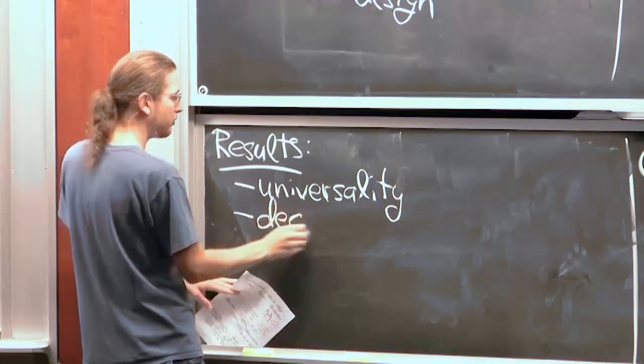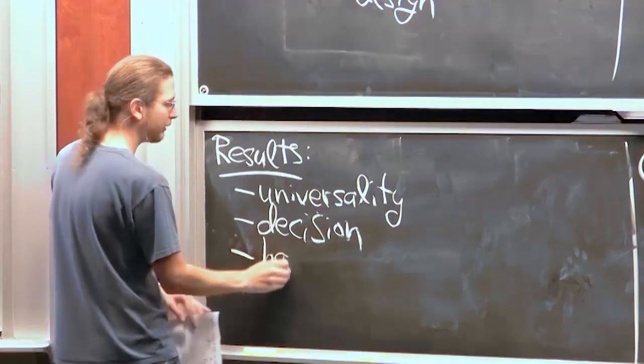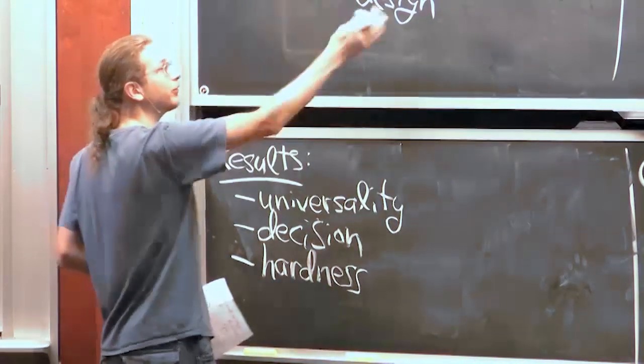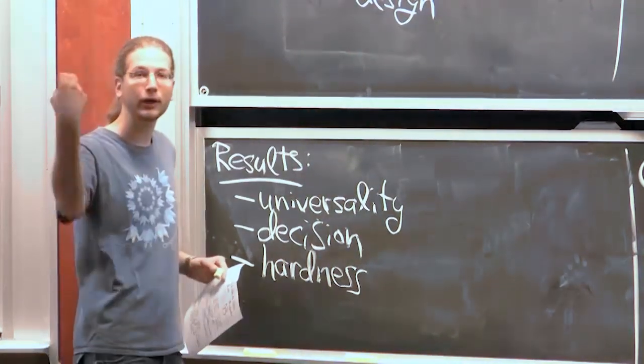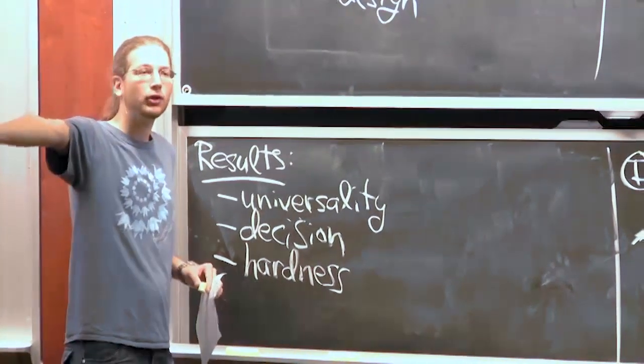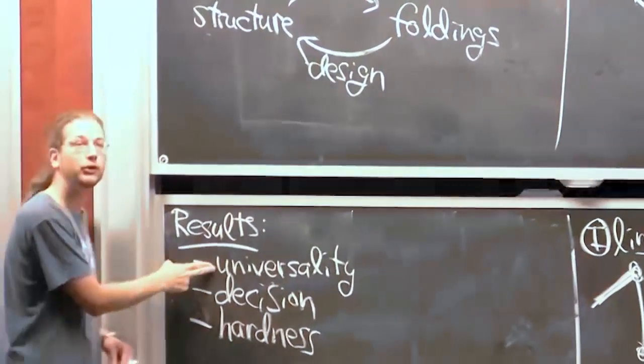And these relate to what is possible. In particular, is everything possible? This makes sense both from a foldability standpoint and from a design standpoint. If I give you a robotic arm, I'd like to know, can it fold into all the possible configurations, or are there some that it can't reach? If it can reach all of them, we have a universality result.